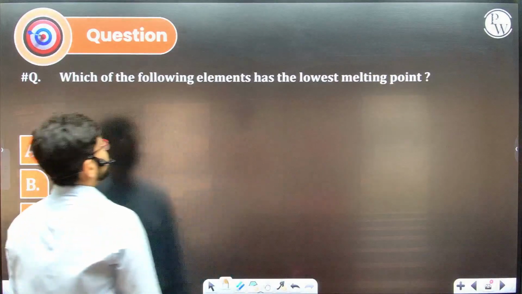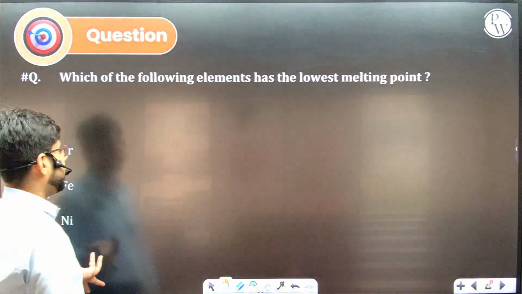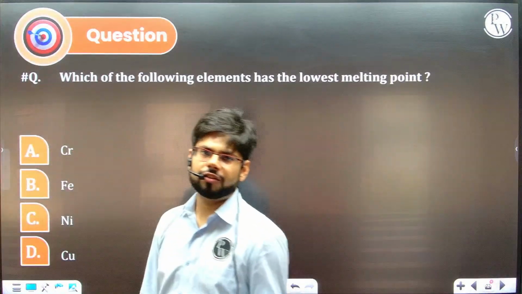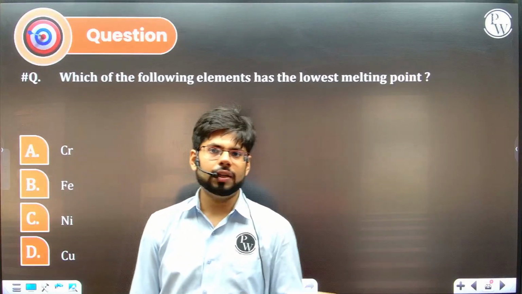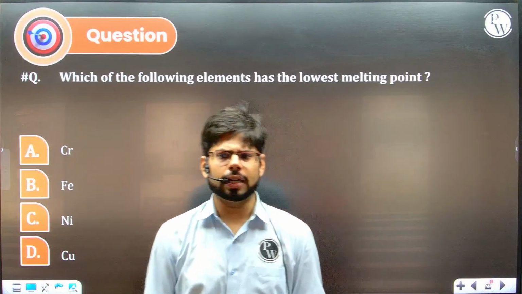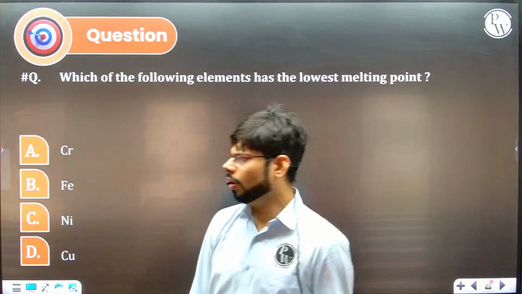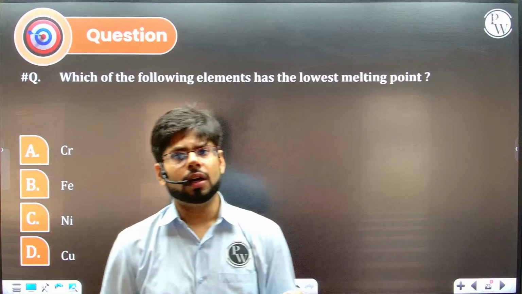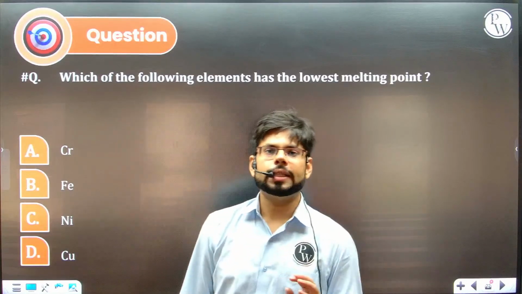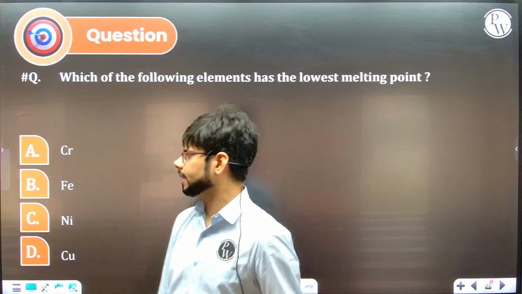Which of the following elements has the lowest melting point? So I told you again, it's a part of data. If you look at the values of melting points given, the graph given, the table given, you will come to know, because we must be very familiar with the orders of properties for the elements of the 3D series.